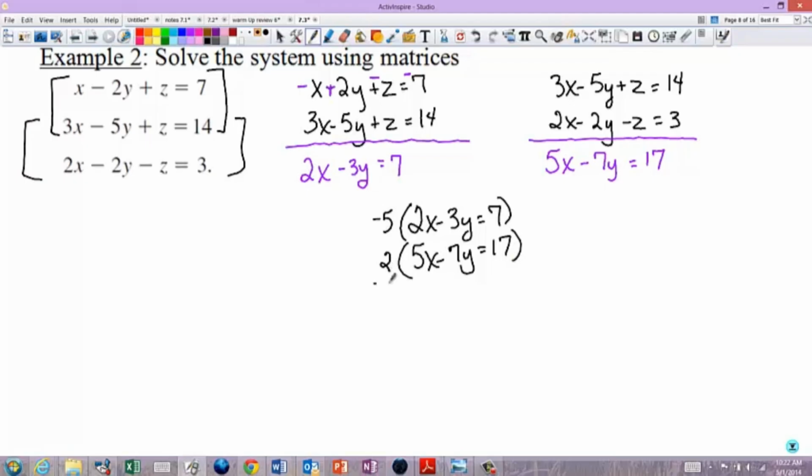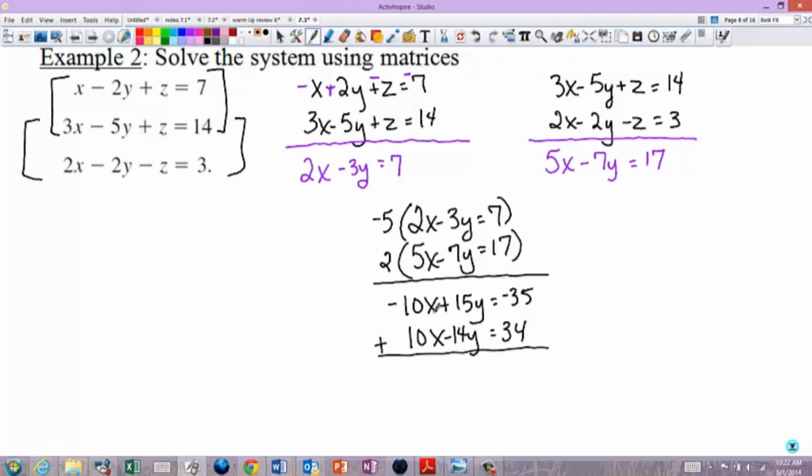So that would yield, let's see, negative 5 times 2 is negative 10x. Negative 5 times negative 3 is plus 15y equals negative 35. And then 10x minus 14y equals 34. Add straight down, the x's cancel, and I get 1y equals negative 1. So y is negative 1.